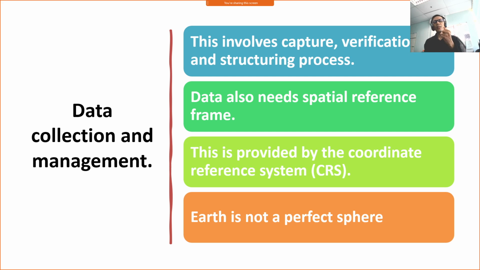So because of that, there's always an issue with the spatial reference frame, and scientists have devised quite a number of coordinate reference systems to be able to project the map from the sphere to a flat surface that you can see on the table.